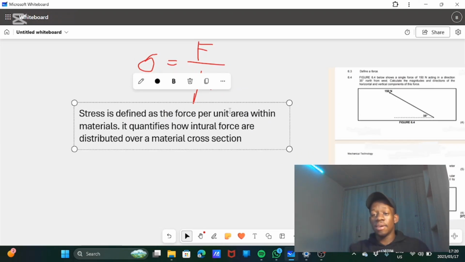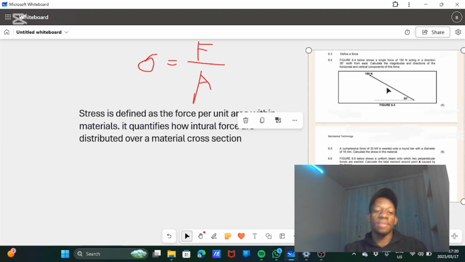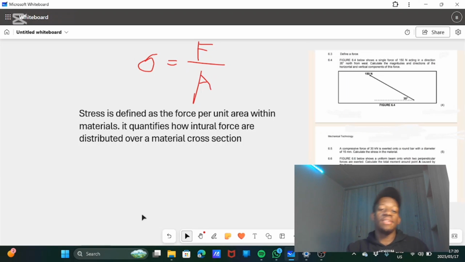Okay, this is how we define stress. Stress is defined as the force per unit area within materials. It quantifies how internal forces are distributed over a material's cross section.